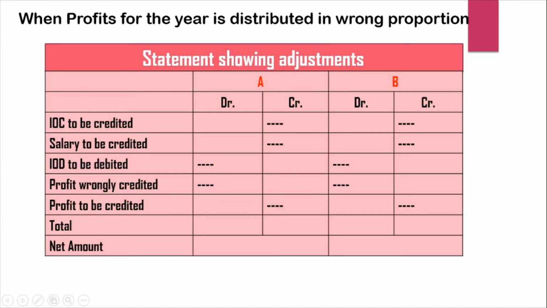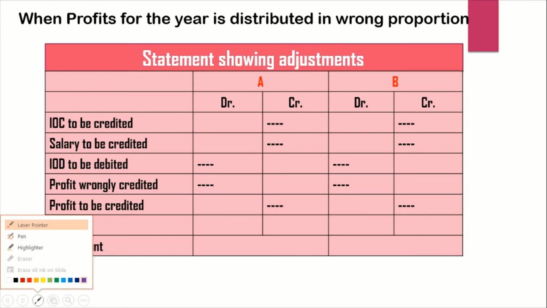First we'll take all the errors in a list, then we will not see the net effect. We are going to deduct the entire profit which was wrongly credited, debit that amount, and finally take out the correct profit with the help of the profit and loss appropriation account.